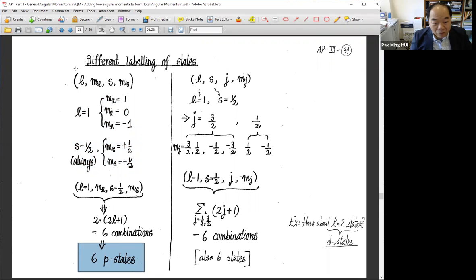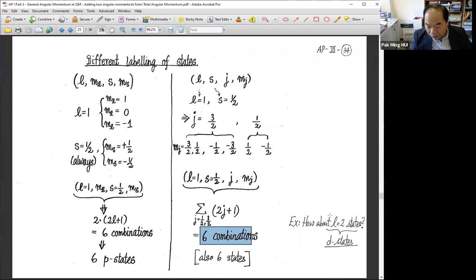Or we keep L equals 1, and since the electron is spin half, we keep S equals half. But then we don't talk about ML and MS, but we talk about J and Mj. We have already seen two values of J. Mj takes on these values, together there are 6 states, no more, no less.